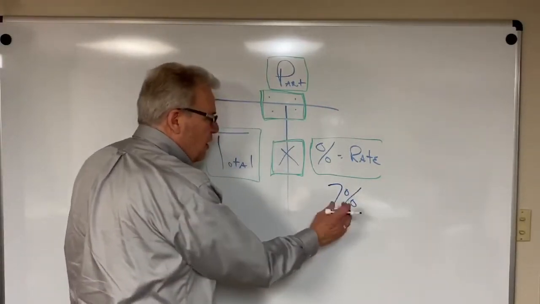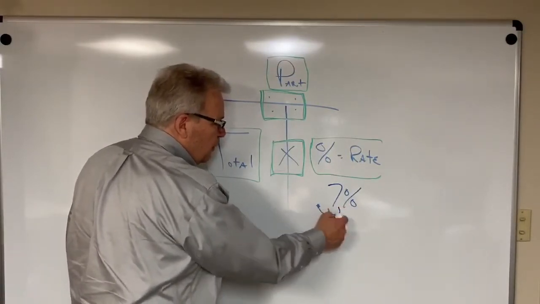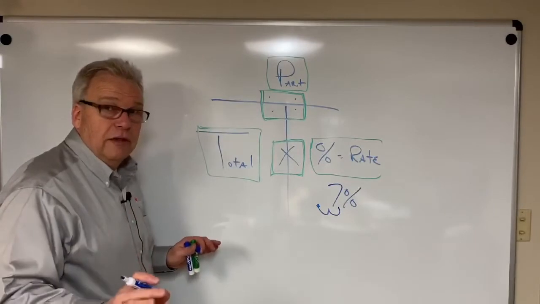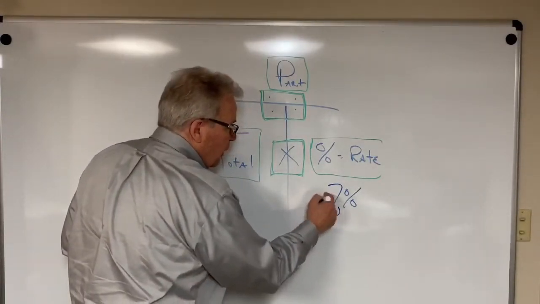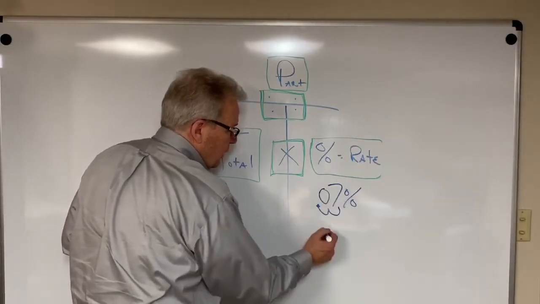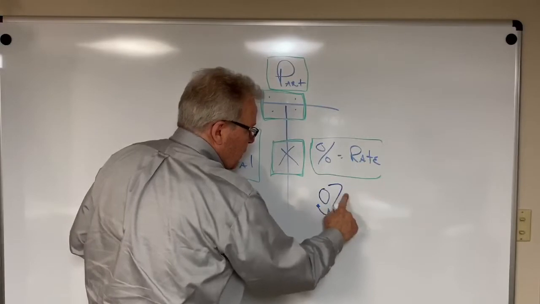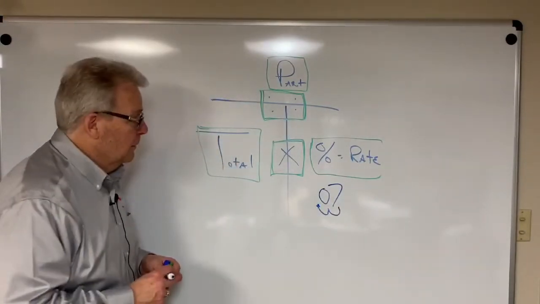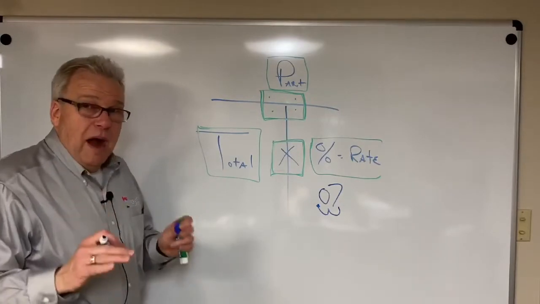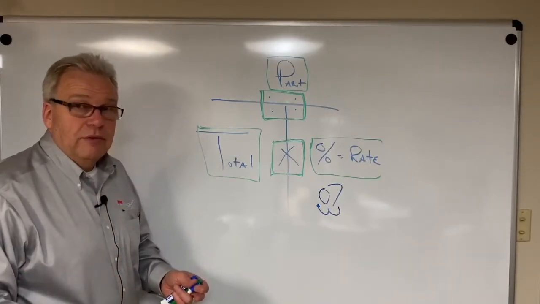And one of the things I always like to encourage the students to do is move your decimal place over 2 places. So when you move this over 2 places, you have to put a 0 out here. So when we convert this to decimal form, it would now be 0.07.